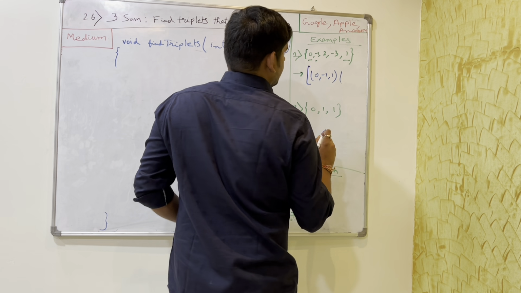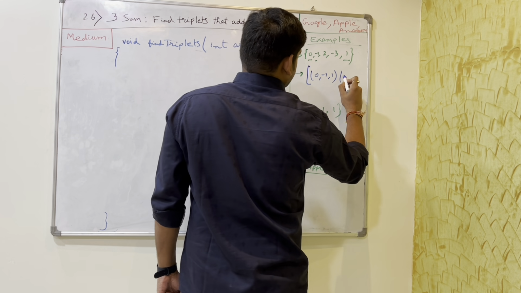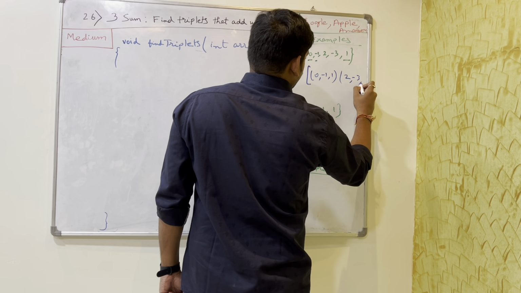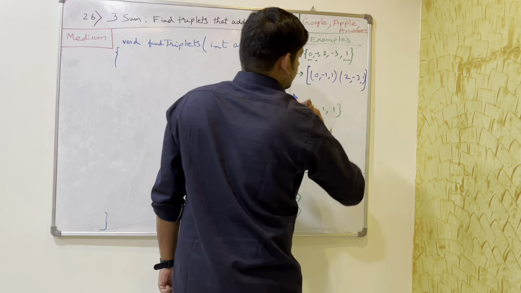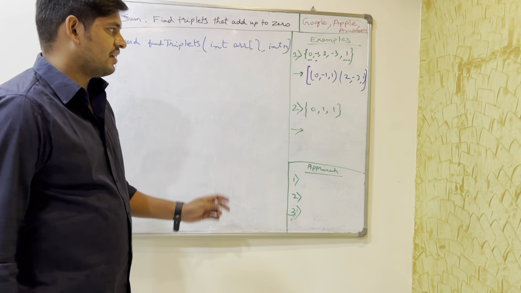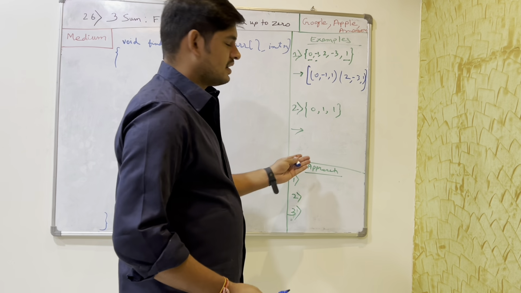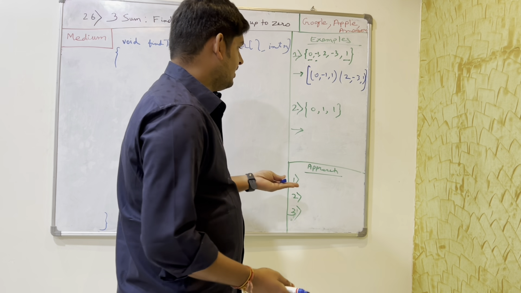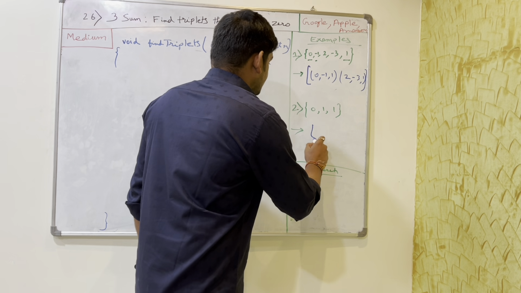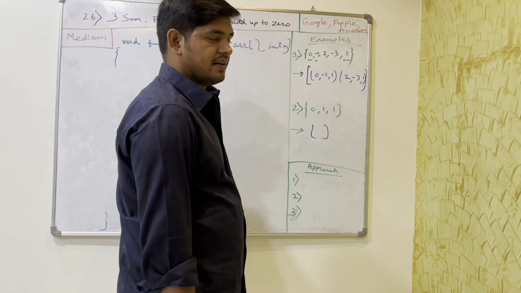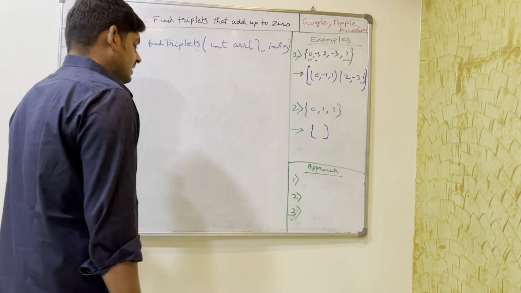Are there any other triplets? Yes. If we take the sum of 2, -3 and 1, its sum will also be 0. So we have these two triplets and we can return them. Here, 0, 1, 1, there are three elements only, so the sum will be 2 and we won't have any such triplet, so we will return the empty list.